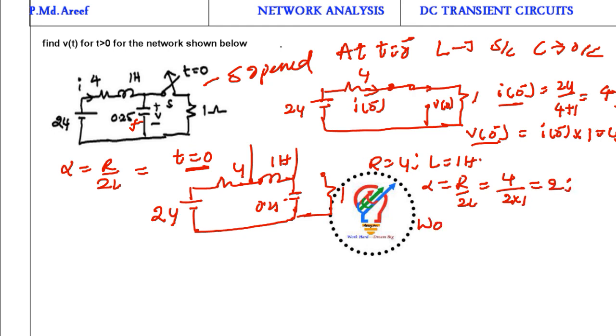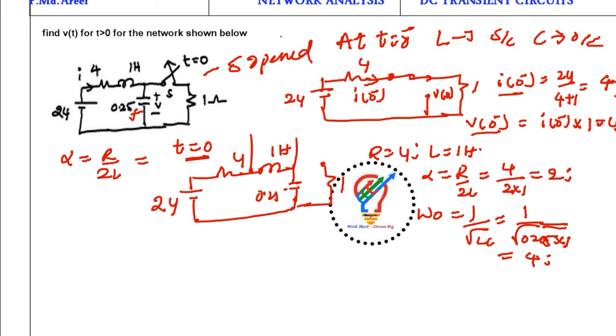Omega naught is equal to 1 by square root of LC. L is 1 and C is 0.25, so it is 1 by square root of 0.25 into 1, which is the square root of 4, so it is going to be 2.